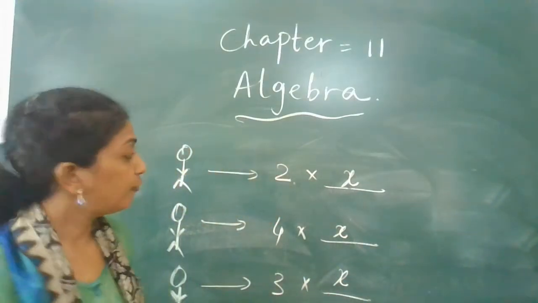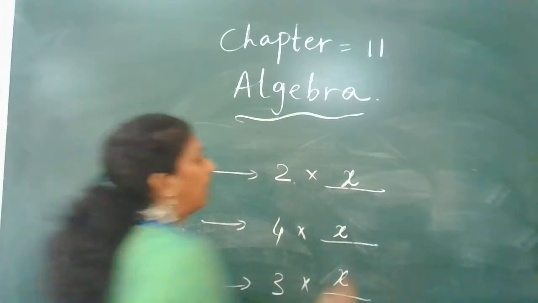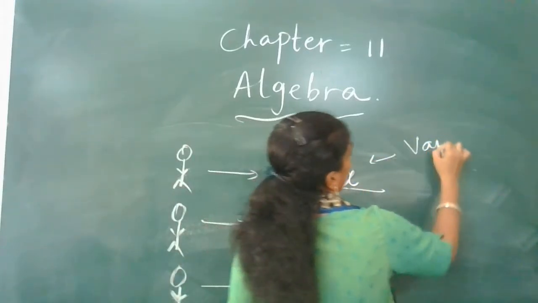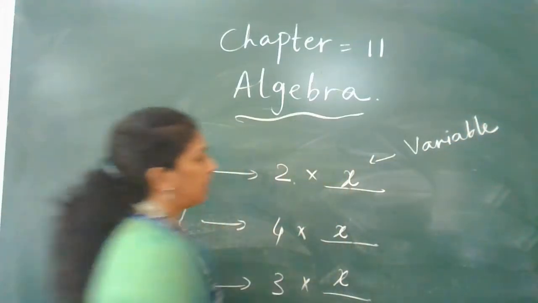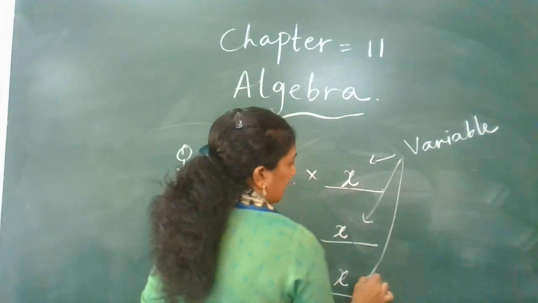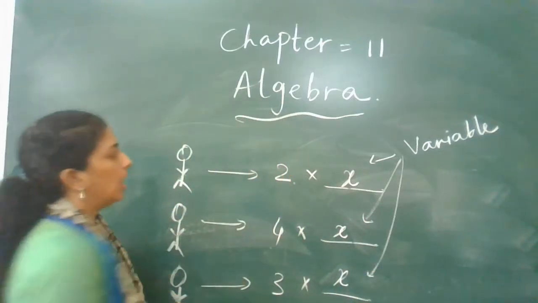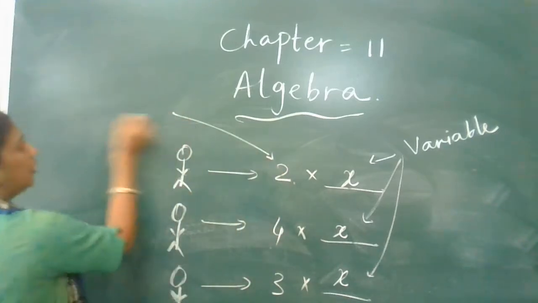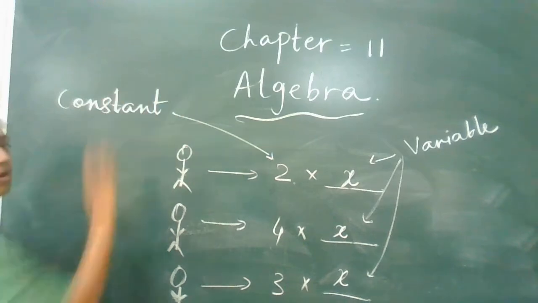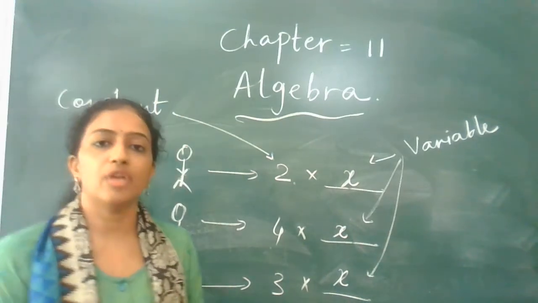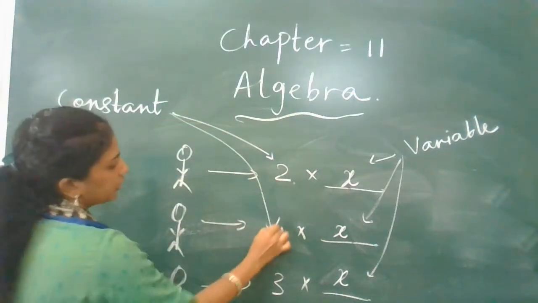So whatever value is not fixed, we call it a variable. So this is a variable, and this is also a variable. And what do we call these numbers? These numbers are called constants. The numbers which are fixed are called constants.